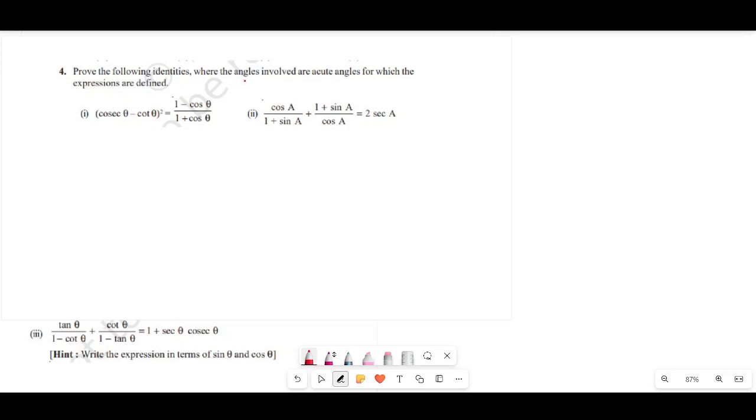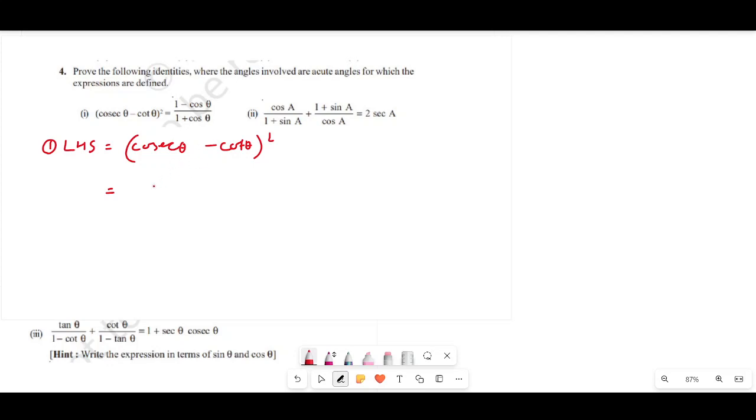Prove the following, where the angles involved are acute angles for which the expressions are defined. So in the left hand side, what will be the value? (Cosec theta minus cot theta) square. We don't have information about this, so first it is our duty to simplify this.